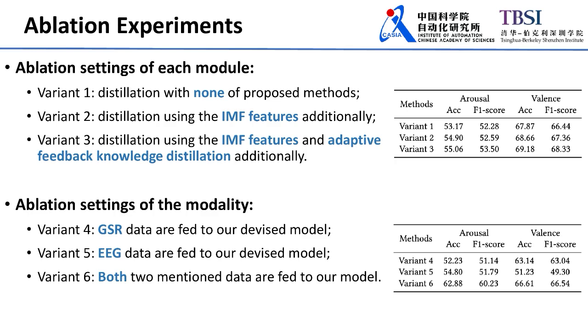The experiment results demonstrate that both the guidance from the IMF feature and the adaptive feedback knowledge distillation mechanism contribute to knowledge distillation. For the EmotionNet Teacher, we compare 3 cases: the GSR-based model, the EEG-based model, and the multimodal model with IMF feature. The experiment results illustrate that the proposed EmotionNet Teacher has the best performance among them.